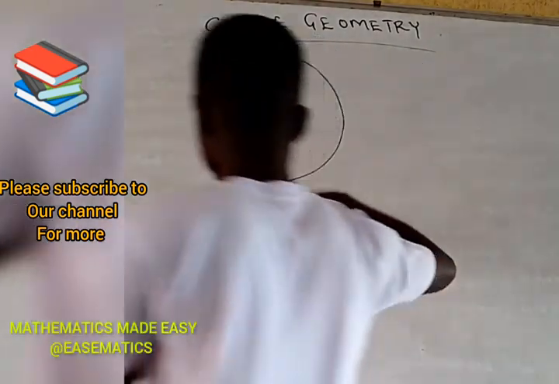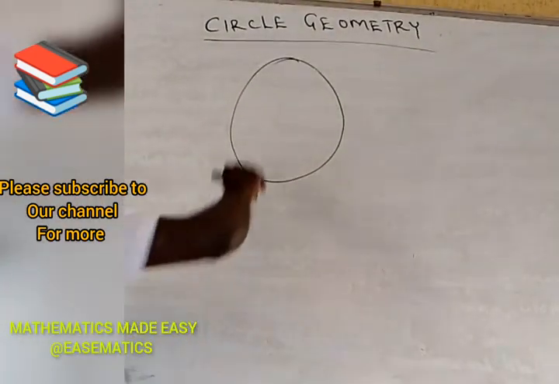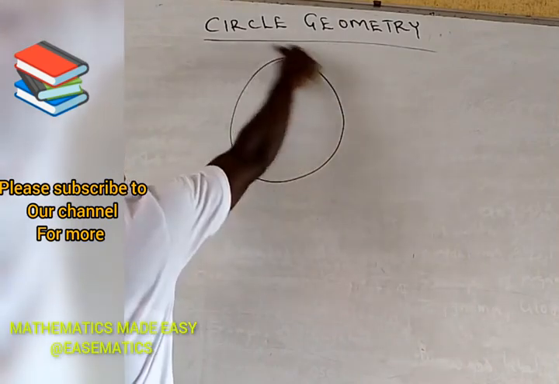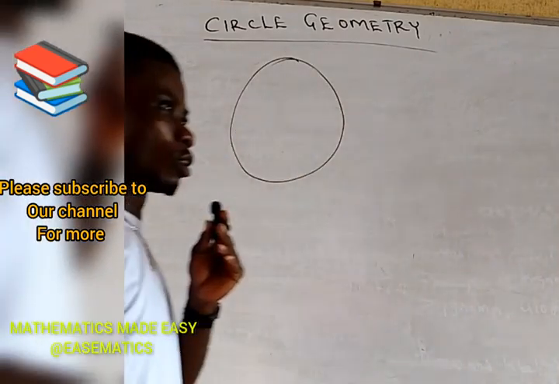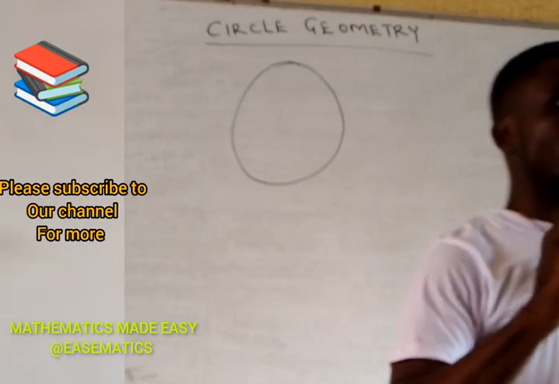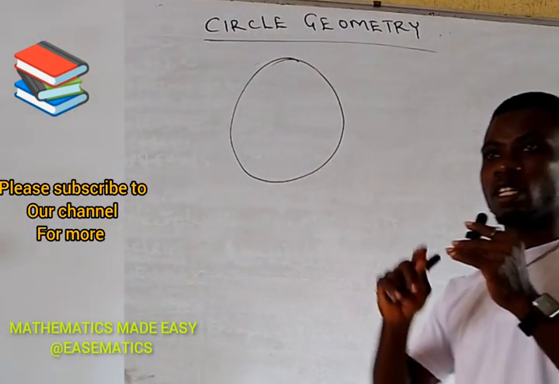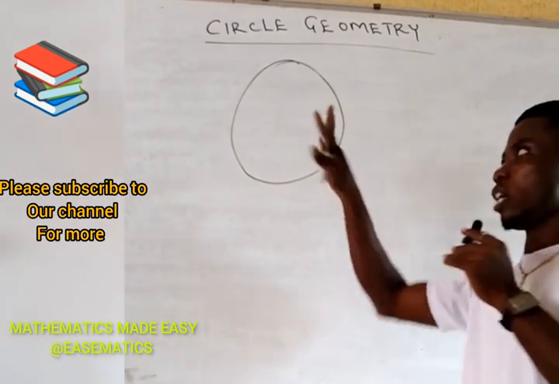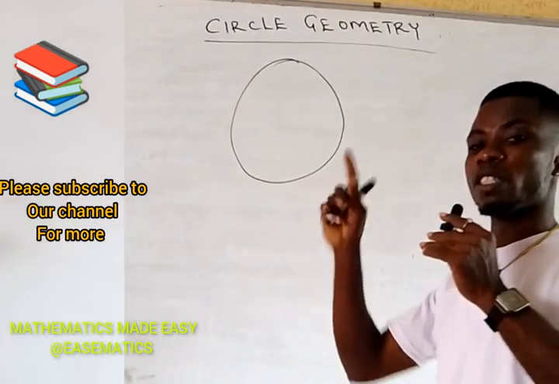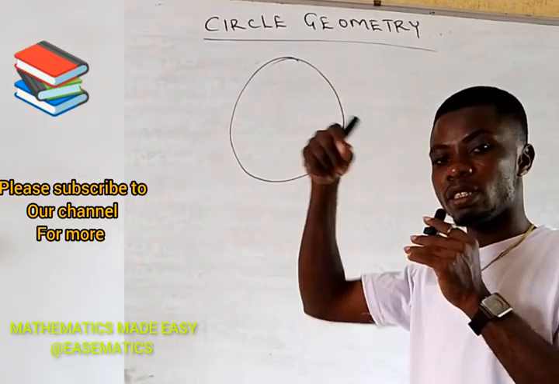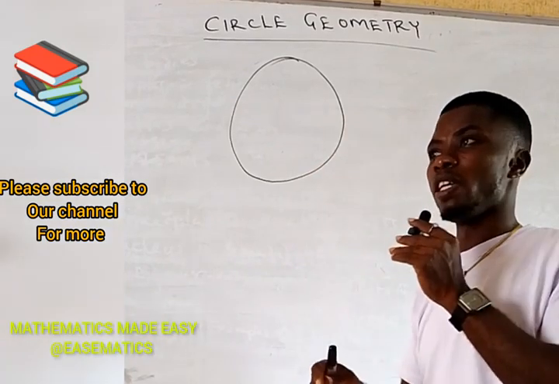Talking about the parts of a circle, we have the part that runs round. If you bring any round object, you have that outer part, and that object must also have the inner part.